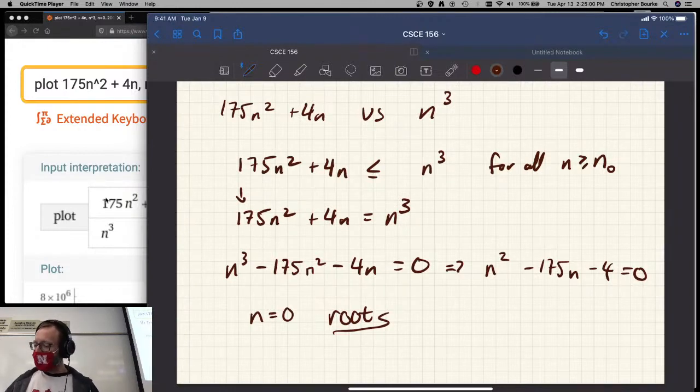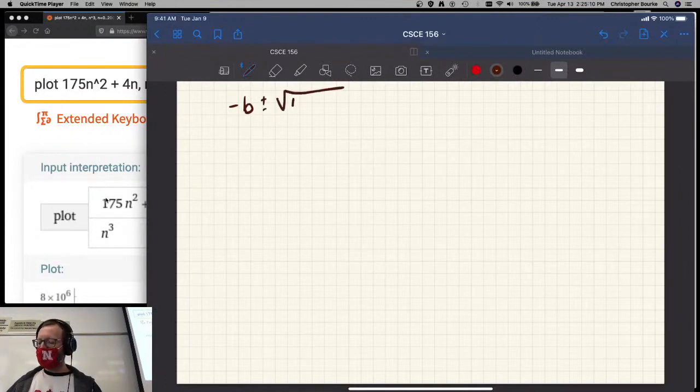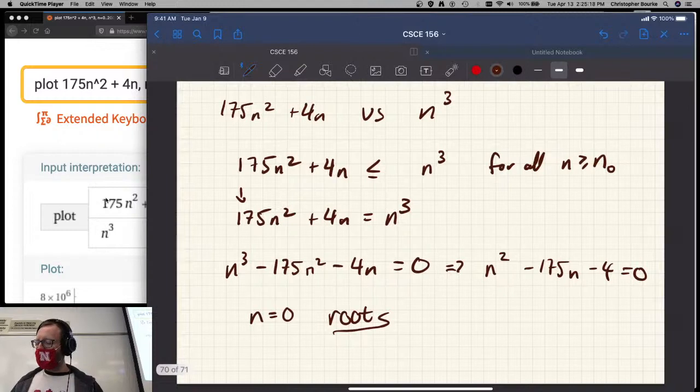Yeah, okay. Half the time I forget it too, because I think I wrote it wrong this morning. But to find the other ones, it's going to be negative b plus or minus the root of b squared minus 4ac, that's the radical, all over 2a. All I need to do is plug in a is 1, b is negative 175, c is negative 4.